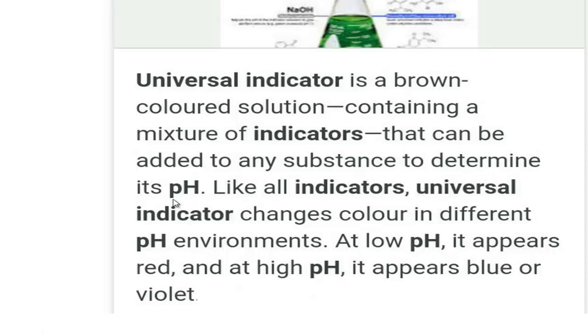When we add this solution to a substance, it will turn into a color, and observing the color of the solution and matching with the pH paper, we easily determine the pH value. Like all indicators, universal indicator changes color in different pH environments. At low pH it appears red, at high pH it appears blue. That means when we add universal indicator to a solution, it will change its color, and matching the color with the pH paper, we will know the pH value of that solution.